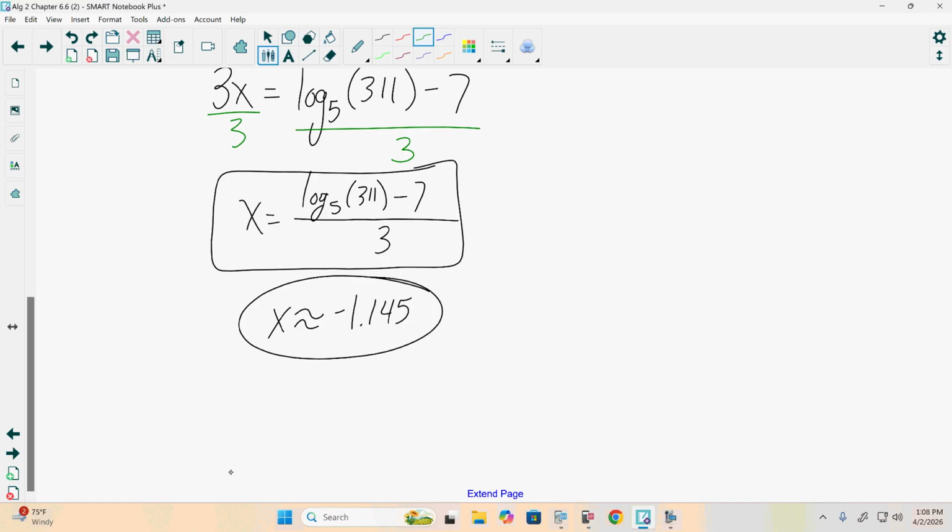The only true way is rewriting it or checking it with 5 to the 3 times log base 5 of 311 minus 7 over 3, plus 7. I have to plug the whole thing back in to get it exact. Questions on this here?